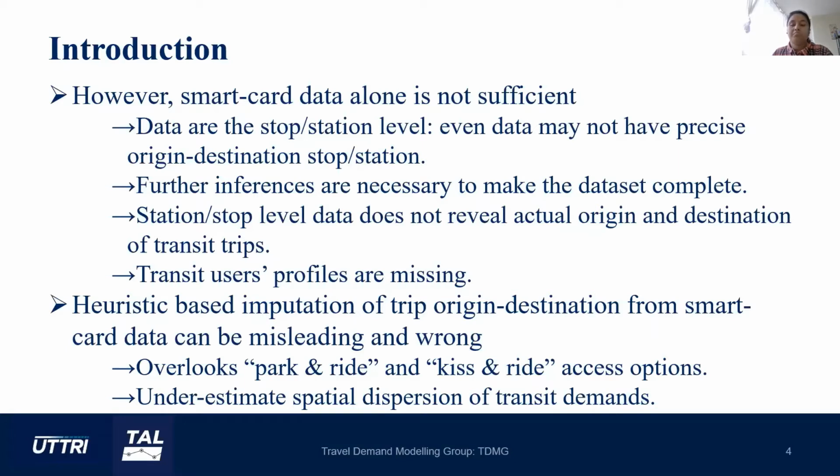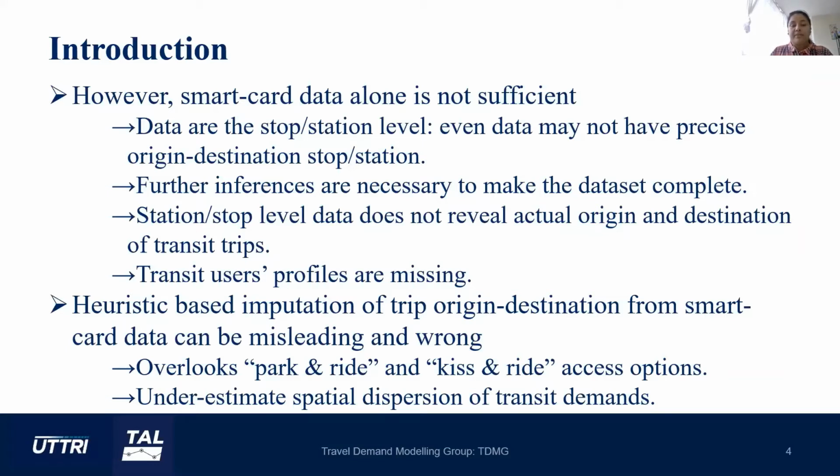So we have to rely on heuristics and algorithms to identify the tap off locations, which has been done frequently in the literature. Also in the smart card data, we don't have any information on the socioeconomic profile of the users beyond maybe whether the user is a minor or a student based on the registration type of the card.